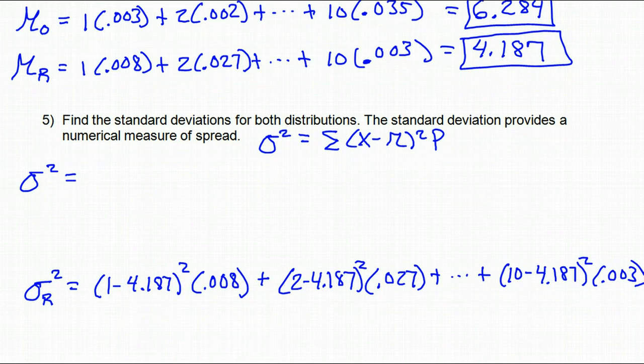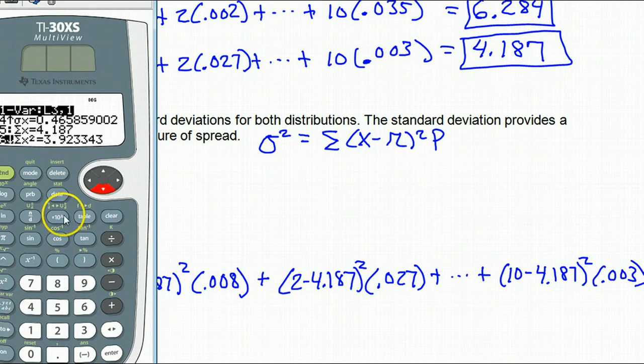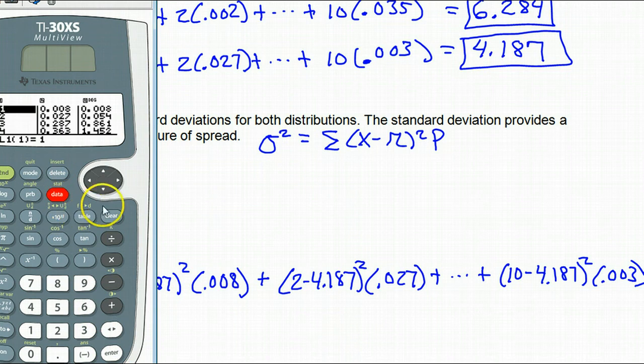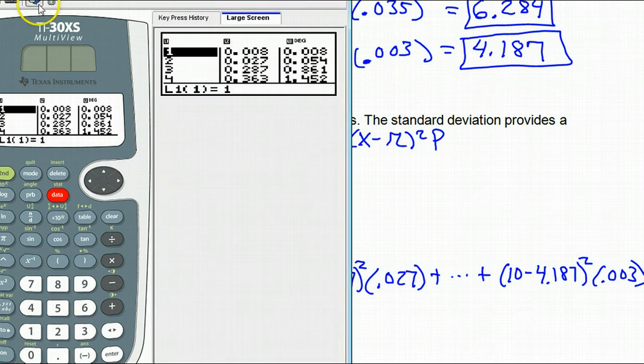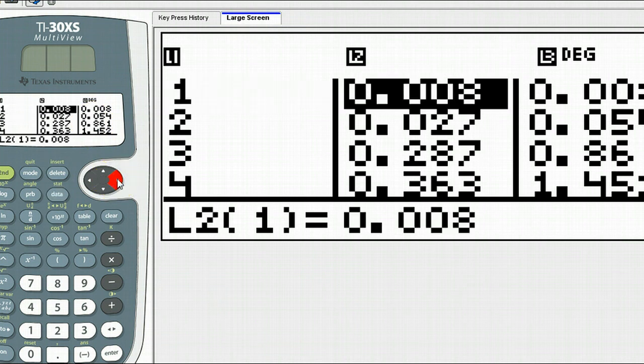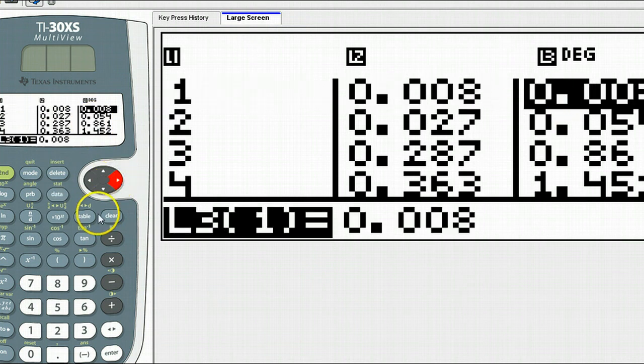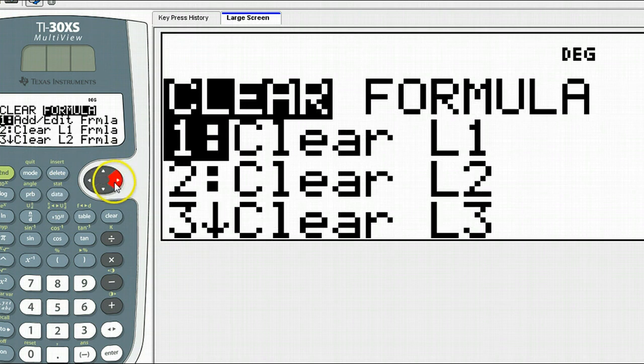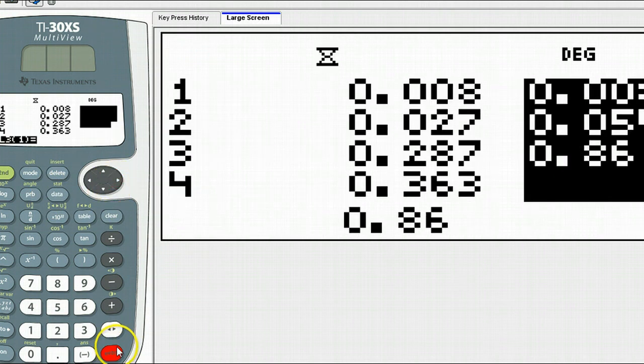Like I said, looking at the data button, this is already in the calculator. I just need to change the formula in list 3. So I get over to list 3, hit data, edit the formula.